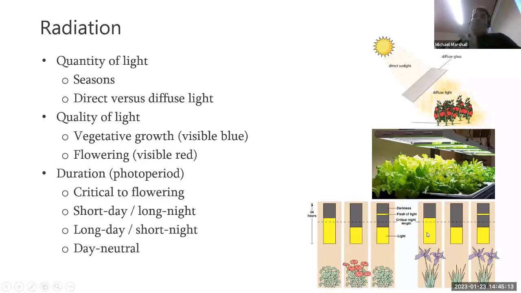So this is maybe grown in the summertime. And then of course you have day neutral plants, which don't really care whether the days are long or short. You can imagine if you try to plant winter wheat in the summertime, or corn in the fall, you're going to get crop failure because the photoperiods aren't properly aligned.